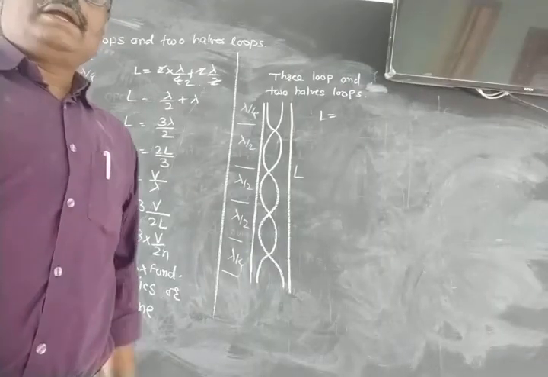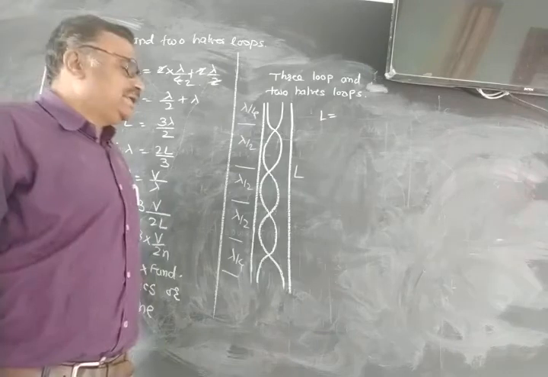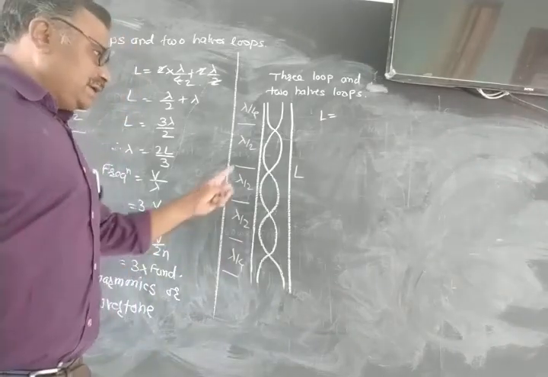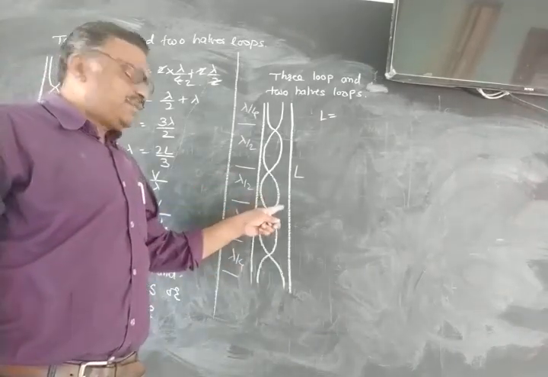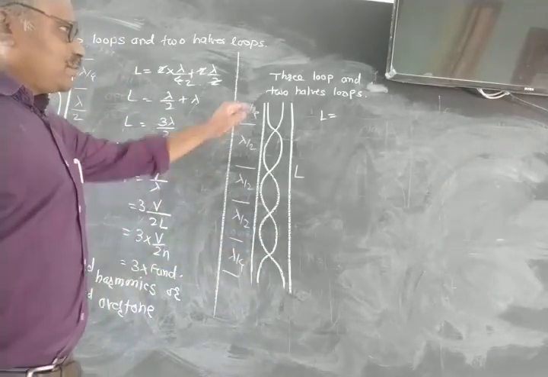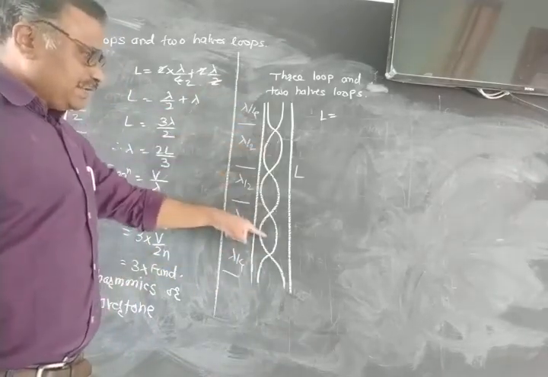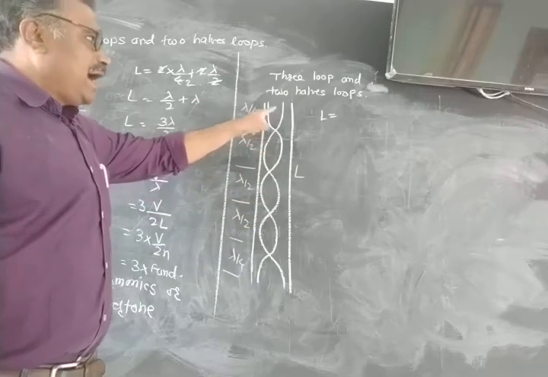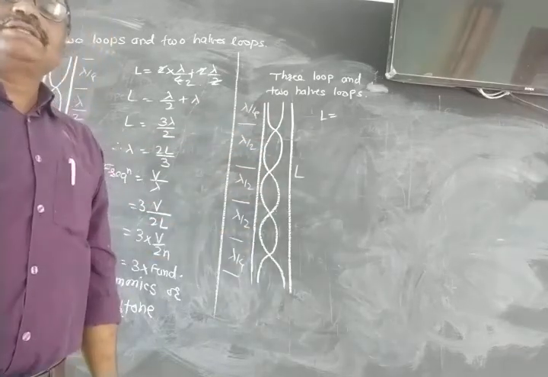Now we calculate next higher frequency with which air column in a pipe open at both ends can vibrate. Now suppose three complete loops and 2 half loops are obtained inside the air column.